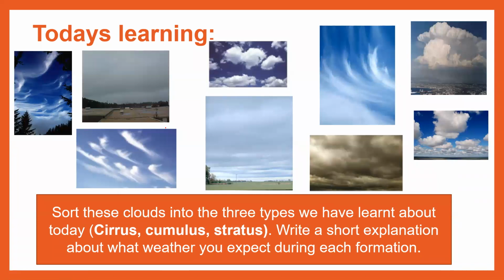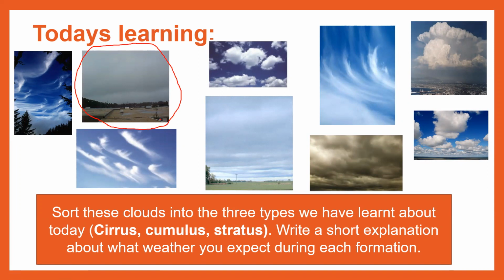And you can cut them out and stick them into the right boxes. And also, I would like you to write a short explanation about what weather you expect during each of these cloud formations. So if you see a stratus cloud, what weather might you expect? Stratus cloud like this, maybe. What weather would you expect?